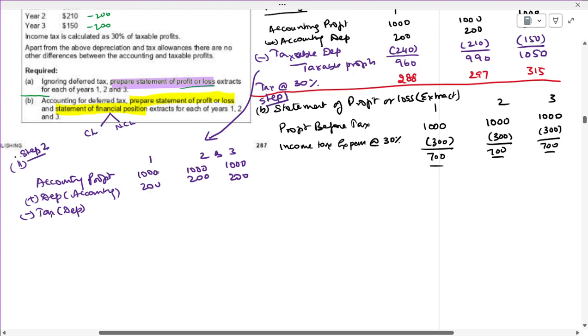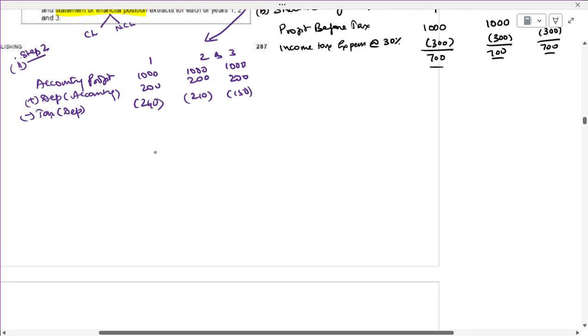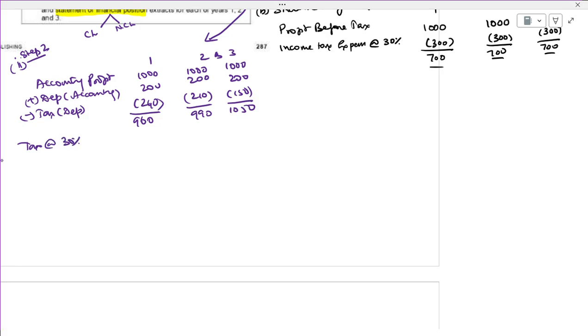How much is there? 240, 210 and 150. How much will we have? Why I am writing this is so you should not get confused about where we have done it from. 960, 990 and 1050, tax at the rate of 30%. How much is there?